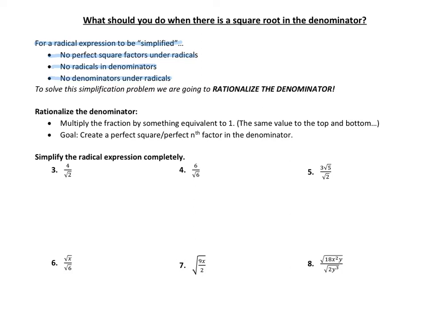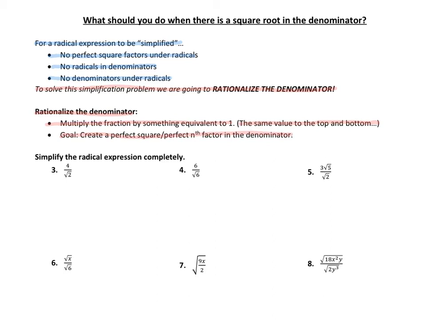That means we cannot have any sort of root in the denominator of our fraction. So in order to make it so there's no root in the denominator of a fraction, we do something called rationalizing the denominator. So how do we do that? Well, we're always going to multiply by something equivalent to 1, aka we have to multiply the same thing to the top and the bottom. And our goal is to create a perfect square in the denominator.